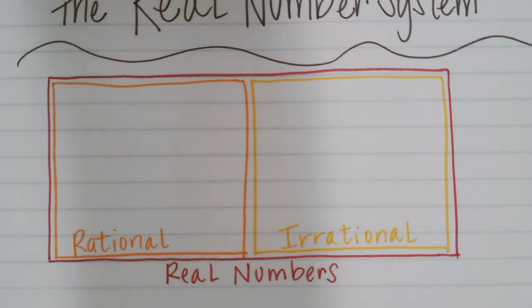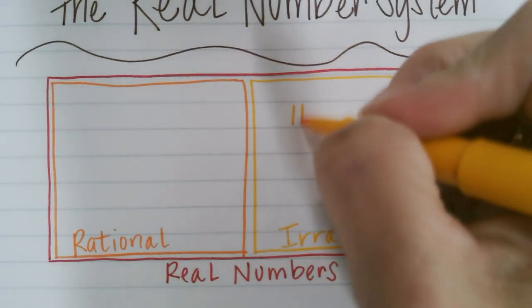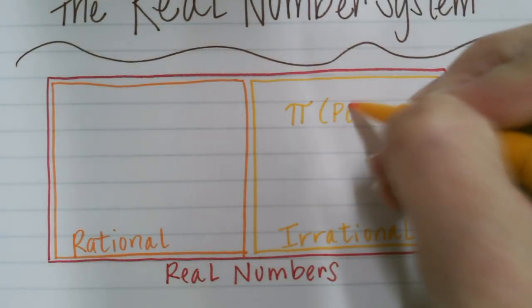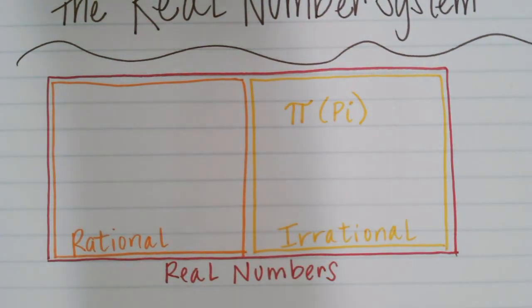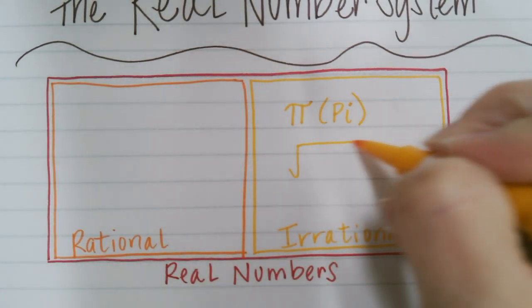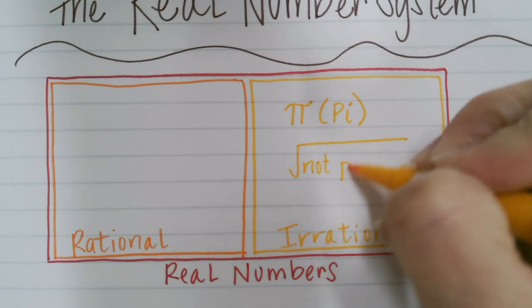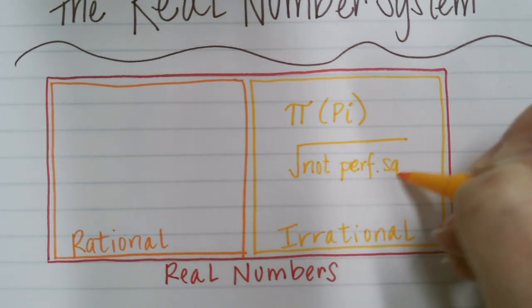One of them you've probably been introduced to, pi. So we'll just write that. Pi is always irrational. The other thing that's going to be irrational is when you have a square root that is not a perfect square.